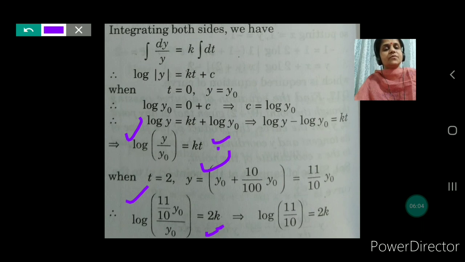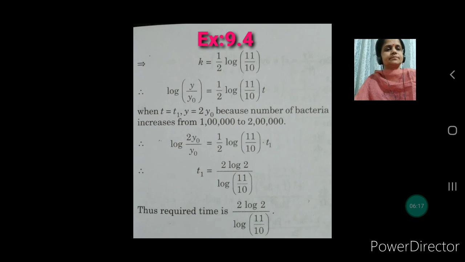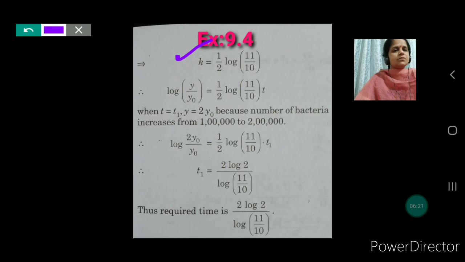In place of t we have written 2. So y naught will cancel. It is 2k. So k is equal to 1 by 2 log 11 by 10. And now log y by y naught is equal to 1 by 2 log 11 by 10 into t.